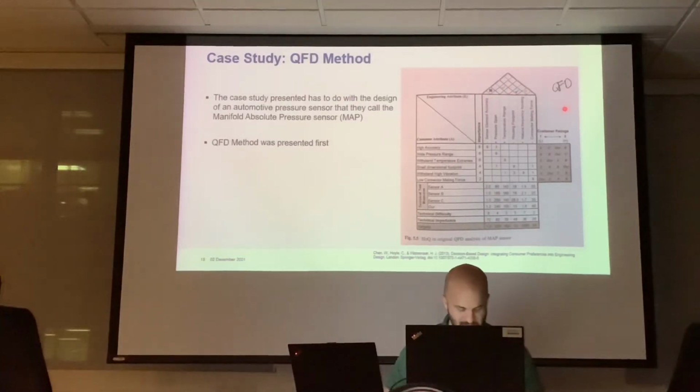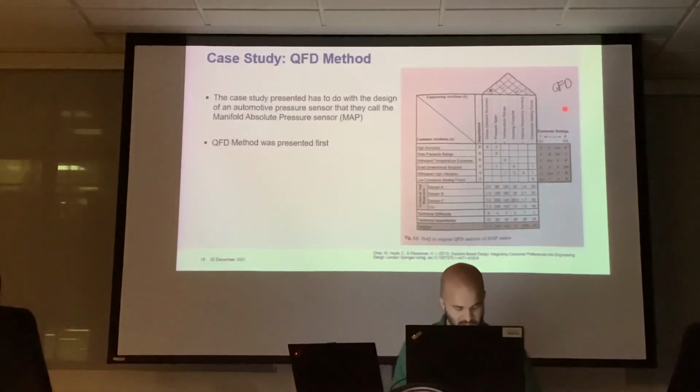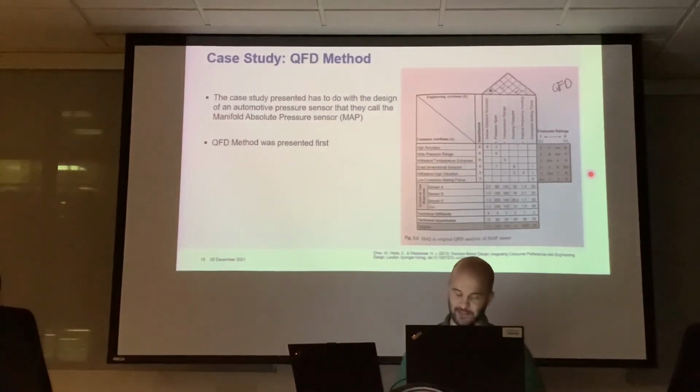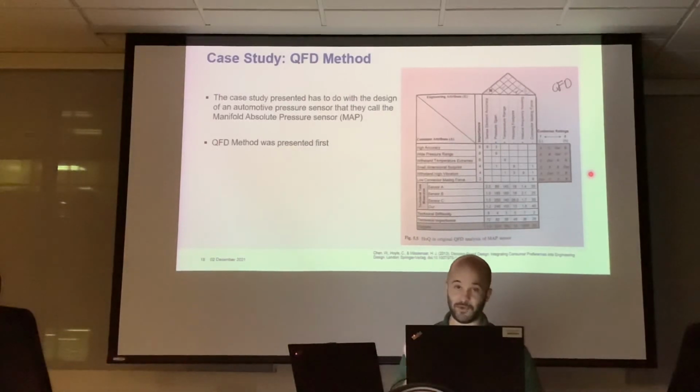In this case, it was decided that the new sensor should have improved target performances for accuracy, pressure span, temperature range. Since these have high technical performance, and the sensor that is theirs is not considered market leading. It was also decided to improve the target for connector mating force because it has a low technical difficulty and is easy to achieve.